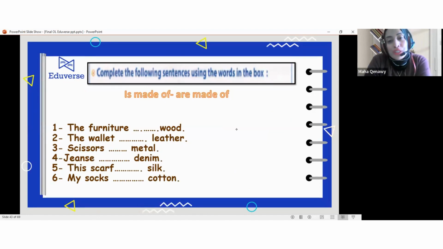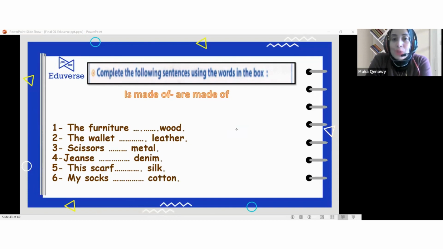You know, furniture like chairs, tables, nightstands, wardrobes, all of these are furniture. Is all furniture are or is made of wood? What do you think? Furniture is an uncountable word.